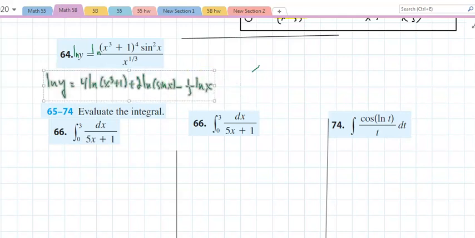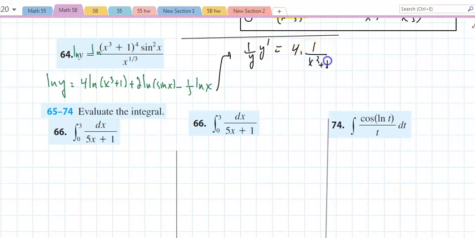And I could say, if I take a derivative, 1 over y times y prime is going to equal 4 times 1 over (x cubed plus 1) times 3x squared plus 2 times 1 over the sine of x times the derivative of sine, which is cosine, minus 1/3 times 1 over x.